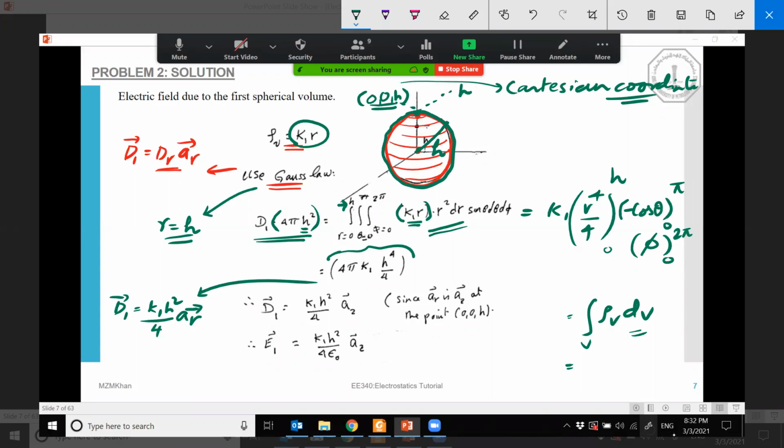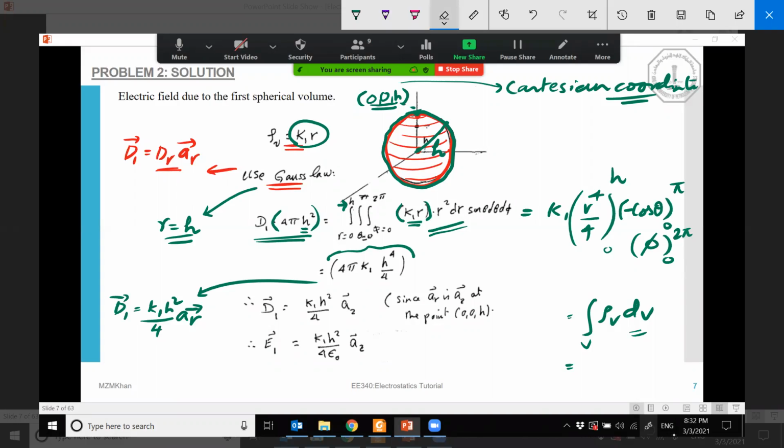So I got the electric field, or electric flux density, in spherical coordinates, but I want to see how it will be in Cartesian coordinates. Now you want to find it at this h. So just by analysis, what will be the electric field direction in Cartesian coordinates at this h?